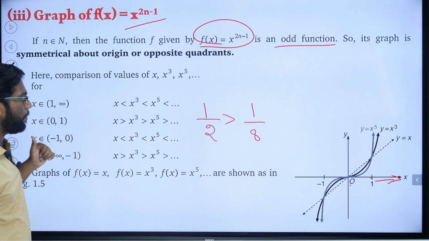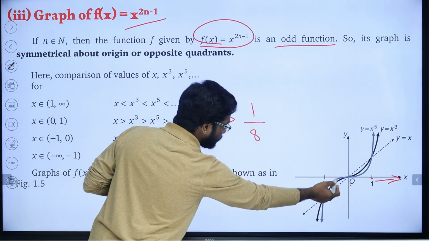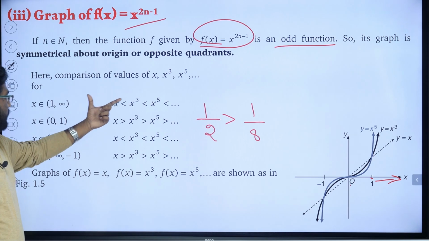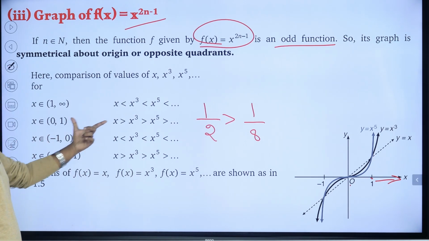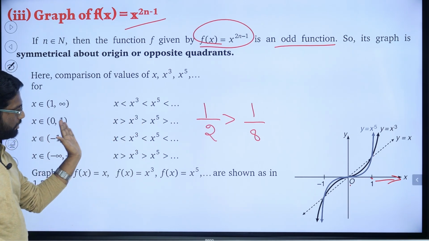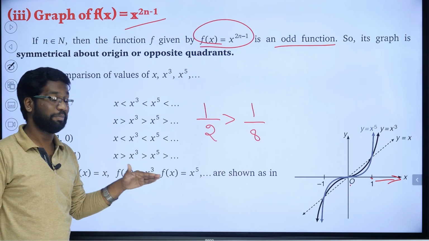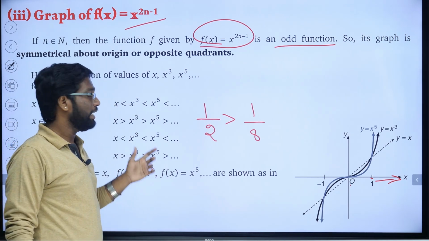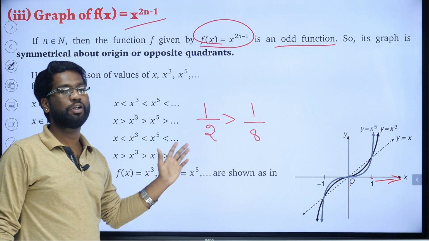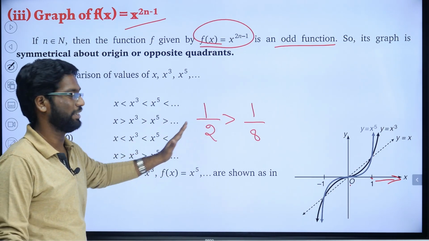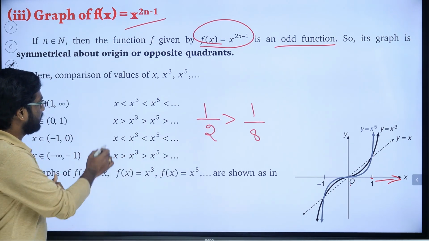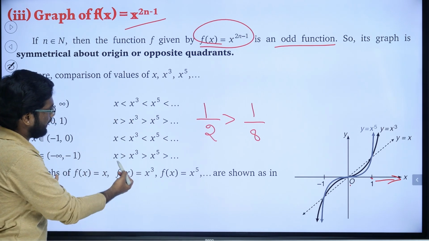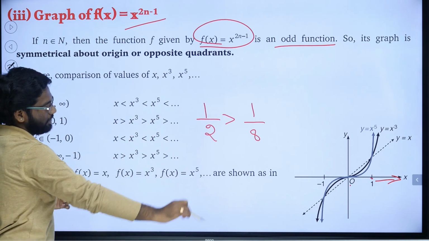In 0 comma minus 1, since it goes to the negative side, whatever we have discussed, sorry, my dear students, here it is going to just change the value, because it has become negative. So x is going to be smaller, and x cube, x power 5, everything is going to be the higher value, my dear students. Then again, this value I have taken in negative, so everywhere the sign has changed.